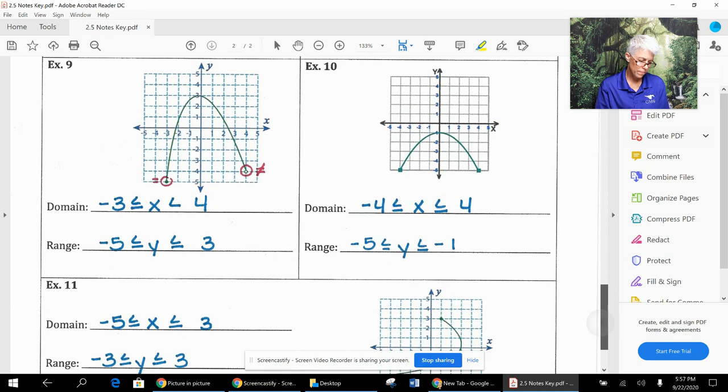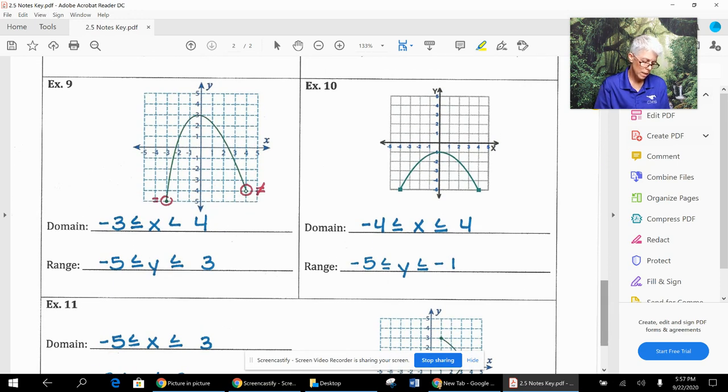Let's move on. Example number 9. Domain is X. So I'm going to put a line here, and I'm going to put a line here. And so the least value is -3, and it includes the -3 because of the solid circle. The highest value is 4, but it does not include the 4 because of the open circle.